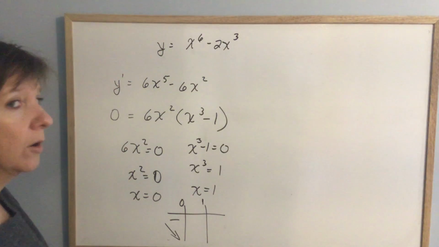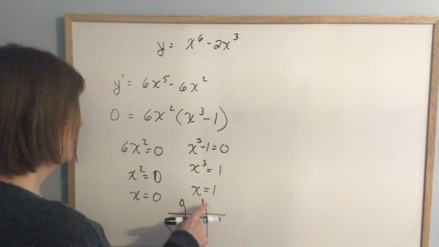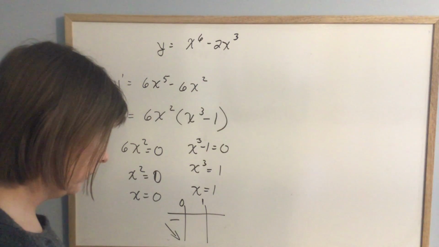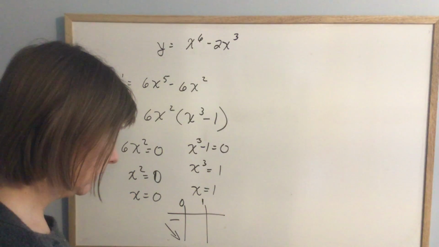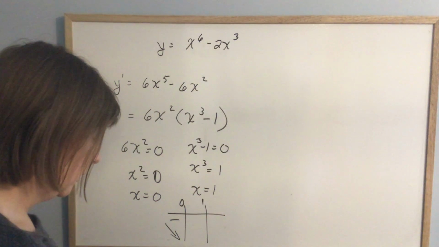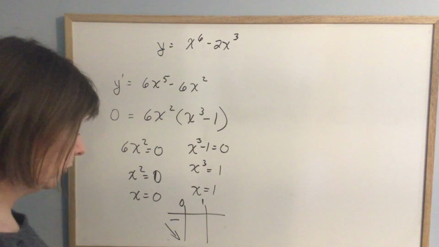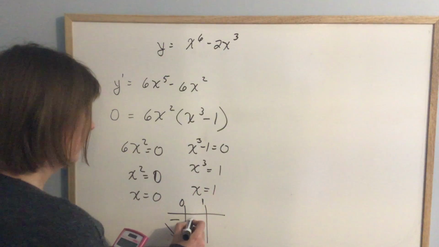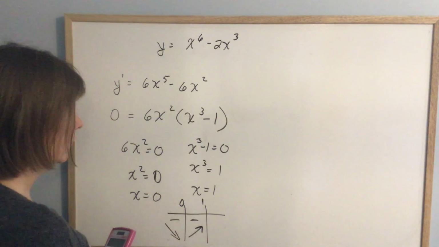So before 0, this graph is decreasing. Between 0 and 1, so at like 0.5, let's see, 0.5 to the 5th times 6 minus 6, and 0.5 squared is 0.25, so times 0.25, I end up with a negative, which means I am increasing.